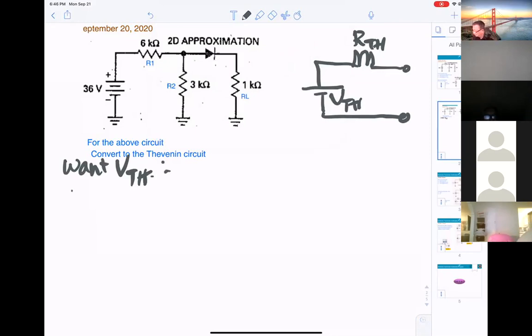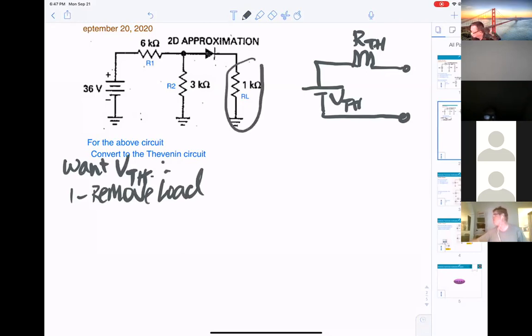Again, number one, remove the load. That means you take that out. Number two, from the open circuitry, you're looking into here, you get the V, that V Thevenin.